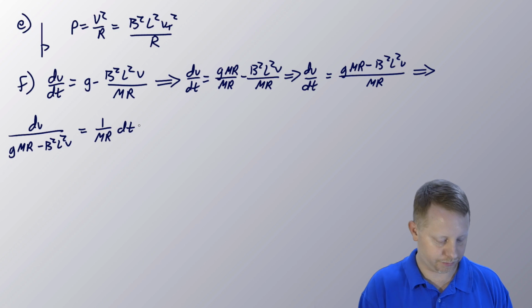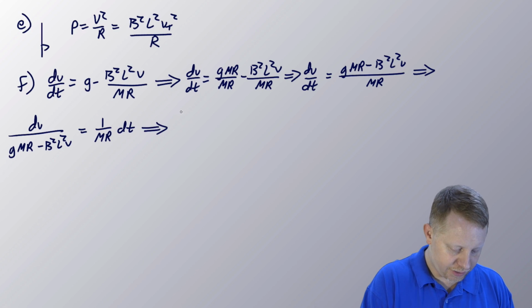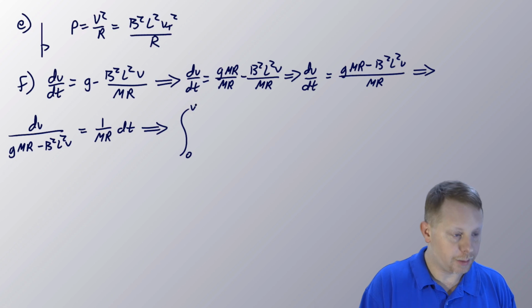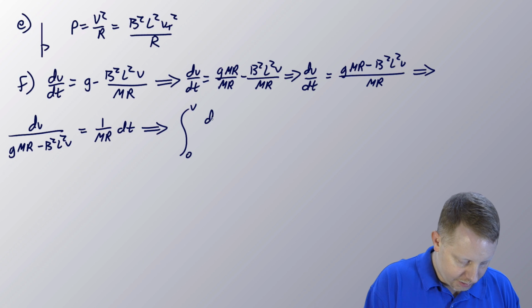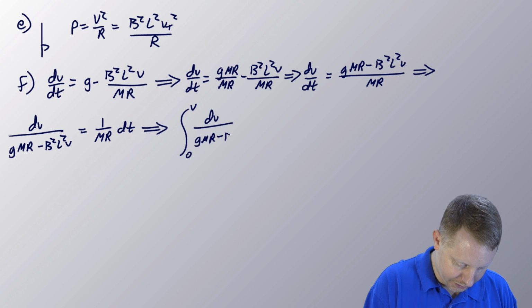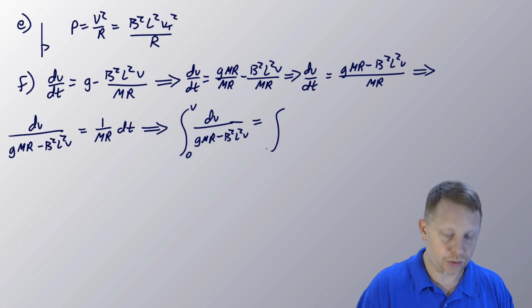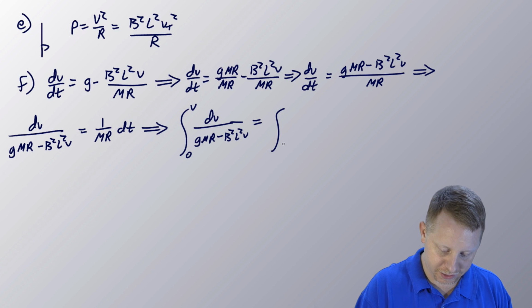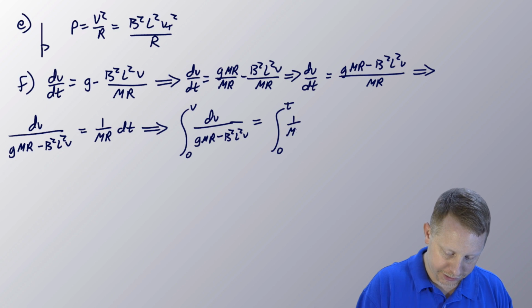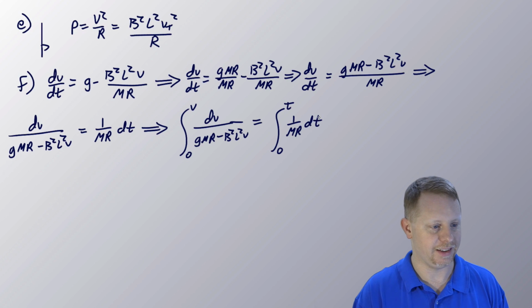Now I can integrate. If I integrate both sides, I'll integrate the left-hand side from 0 to some velocity V of dV over gMR minus B squared L squared V. The right-hand side, the corresponding integration in terms of t, is from time 0 to some final time t of 1 over MR dt.